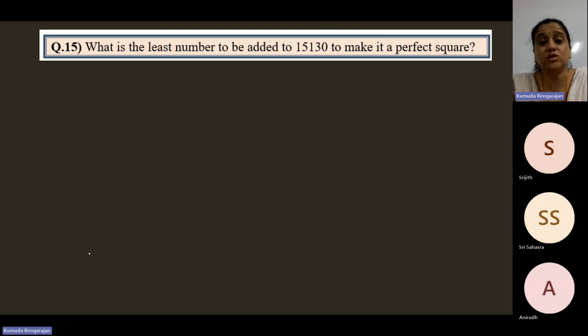You will get a non-zero remainder. Yes, you have to find the square root.